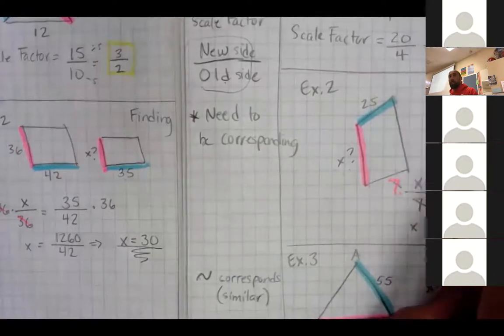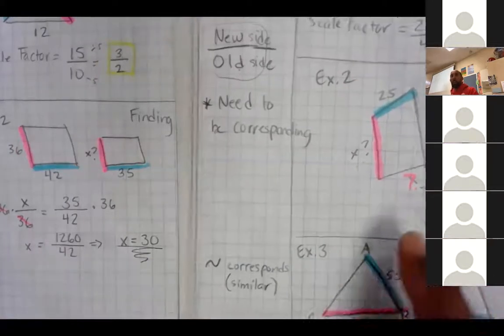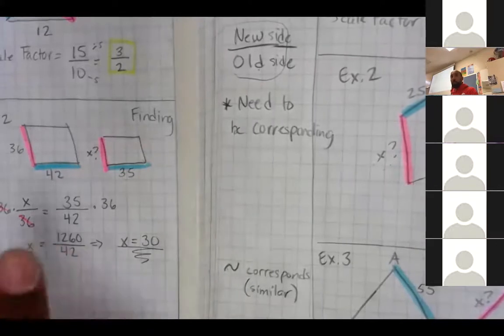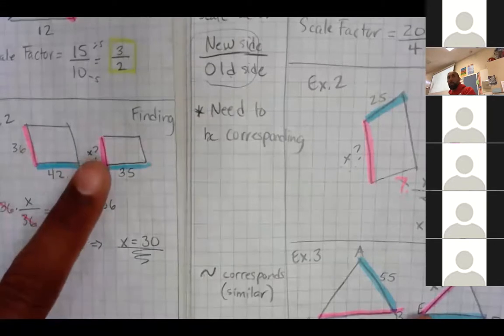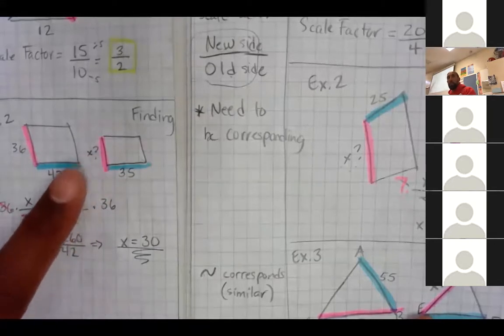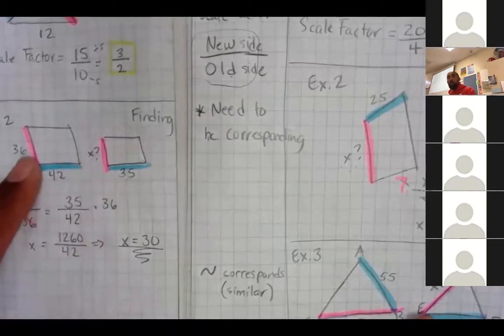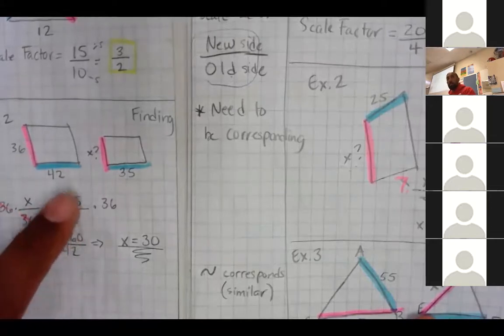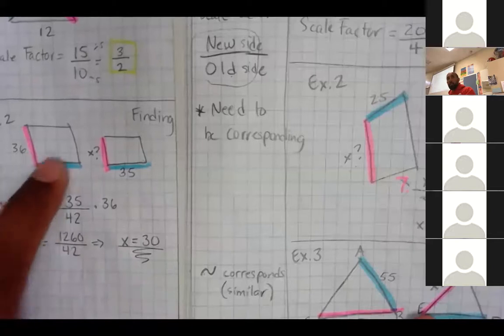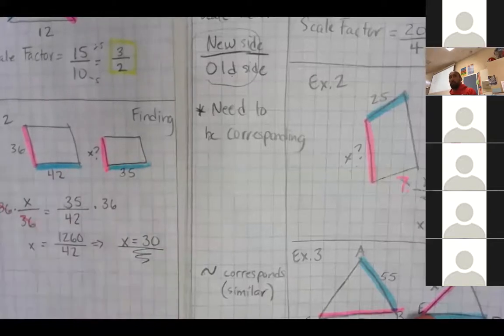And then I put the corresponding side on the bottom. So again, I'm showing you that because the shape of the missing side won't always be the one on the left. It might be the one on the right, but I still start with x on the top. Then I put the side that corresponds, or is the matching side, on the bottom, and then on the other side of the equation, I use the other two numbers. Okay.